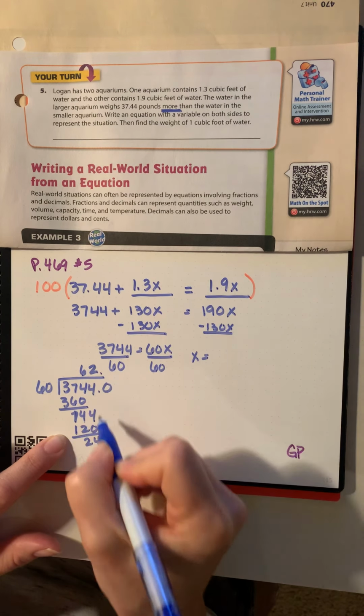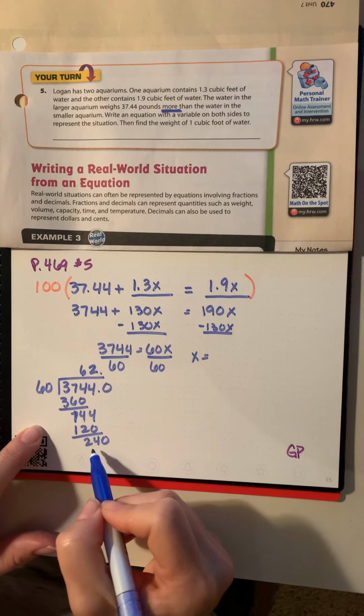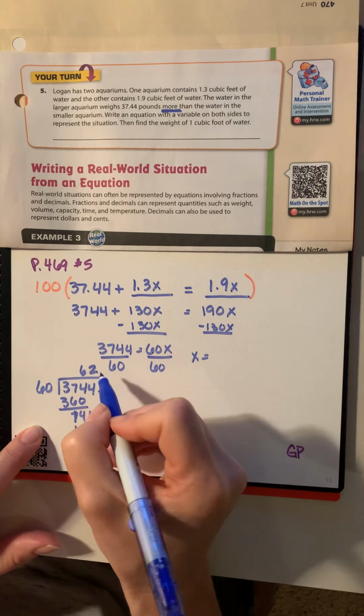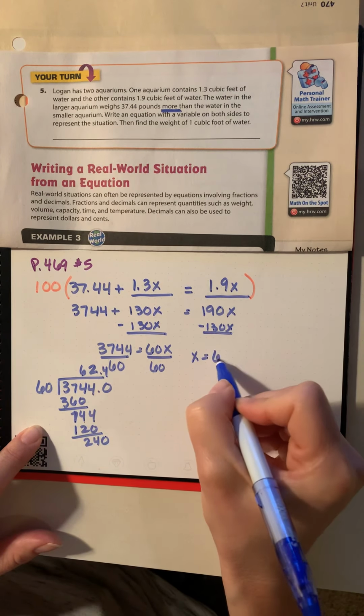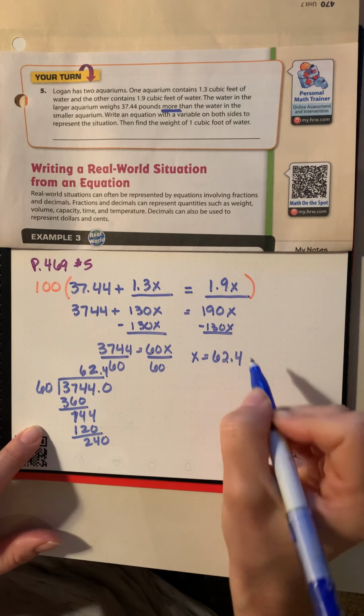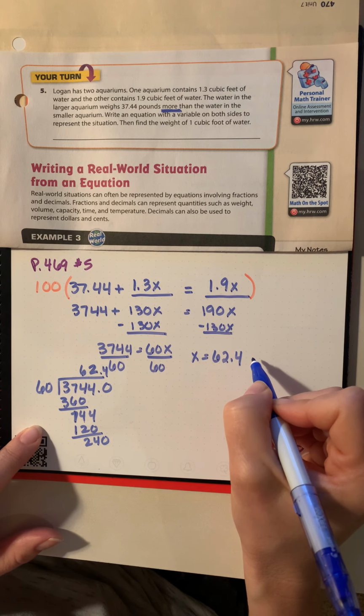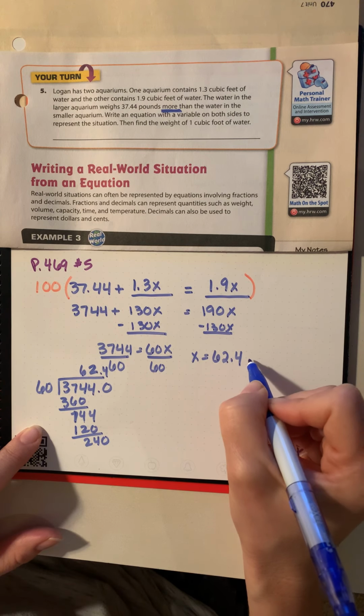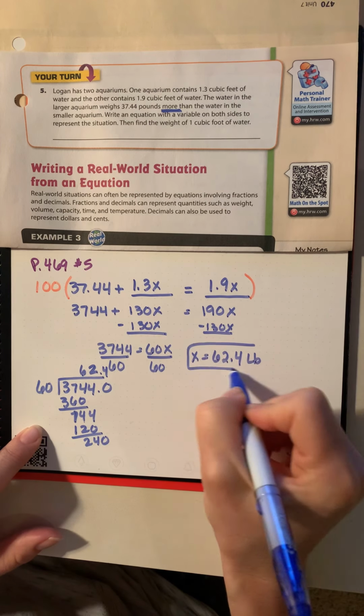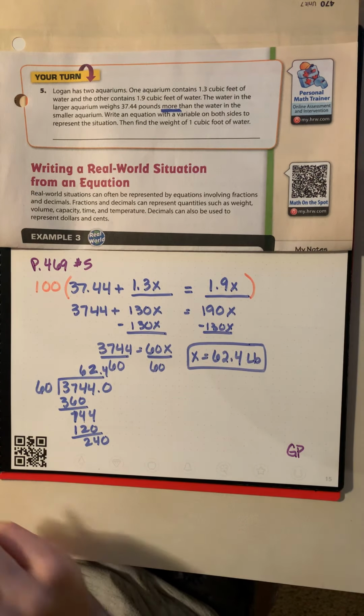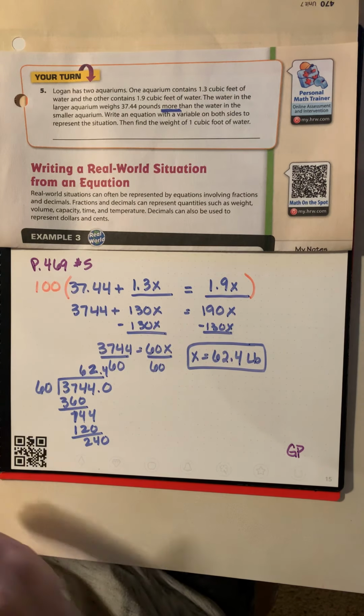Add a decimal and a 0, and easy math. 6 goes into 24 4 times. So x is 62.4, looks like, pounds. Okay? So pretty straightforward, not a big deal.